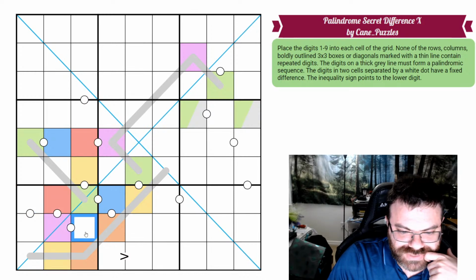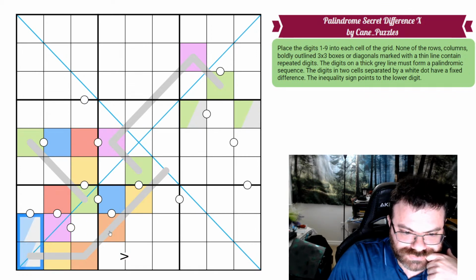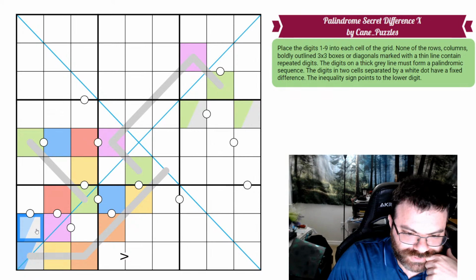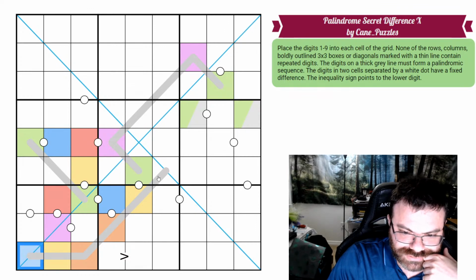Yeah, blue can't be attached to purple because it's green or orange. So blue is one of these two. Would it be a problem to duplicate it here? No, it would actually work pretty well. And then this blue would have to be green or orange, but it can't be. So actually, blue is placed here.